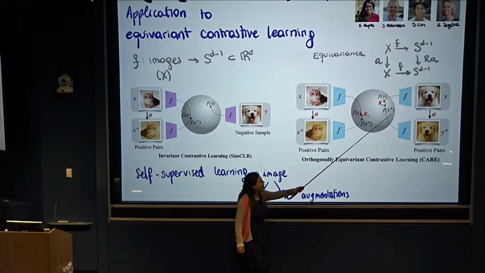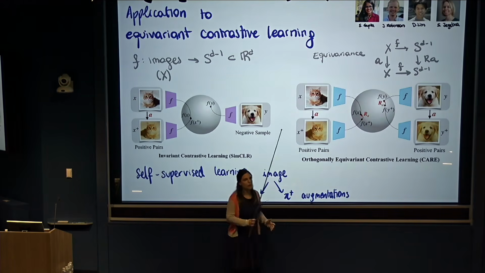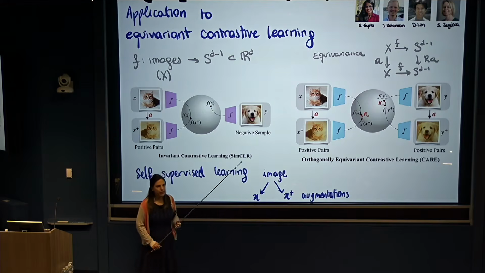So if I have a dog and I augment it, I know that the transformation in the embedding space is the same orthogonal transformation. That gives you some interpretability on the space of embeddings: you know how you need to transform your objects in the embedding space so that they come from a known transformation in your image space. That may be desirable for interpretability purposes.